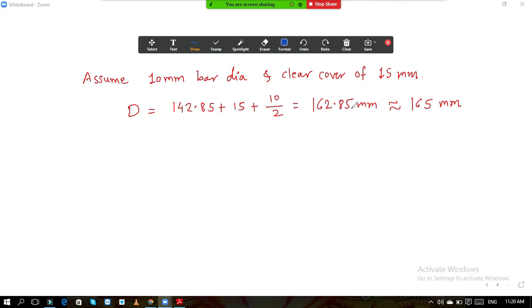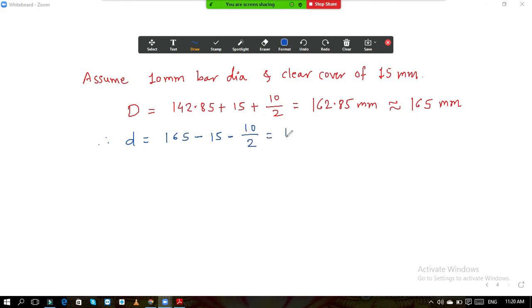So now, as we have increased our overall depth, we need to calculate our effective depth again, because it will also get increased. So now effective depth is equal to, our overall depth is 165. Now reverse procedure, minus your clear cover minus half of bar diameter.